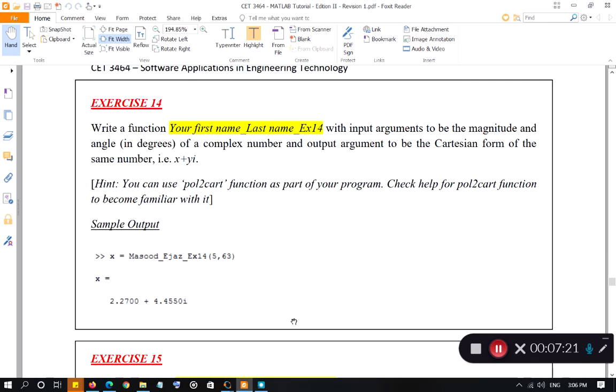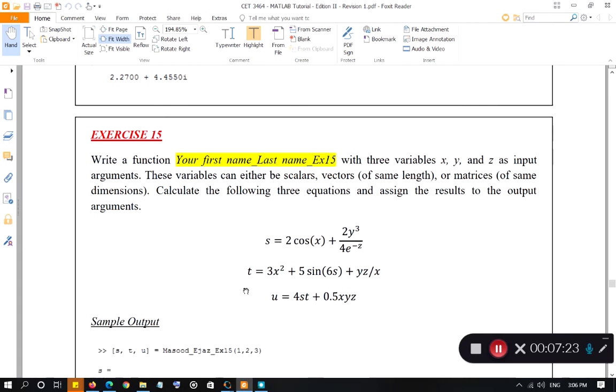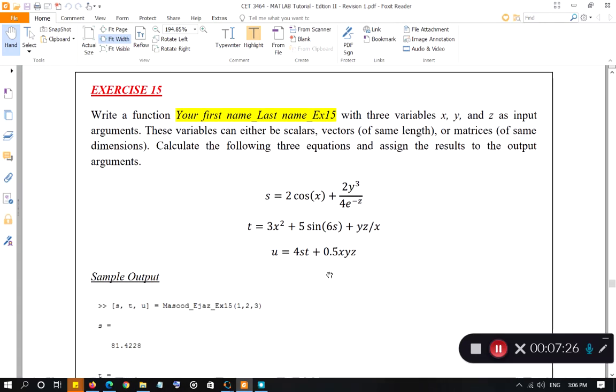So that's exercise 14. And exercise 15 is pretty much the same exercise as I showed you in the video on functions, where you have three output variables, s, t, and u, which are given by these three equations, and then you have three input variables, x, y, and z.